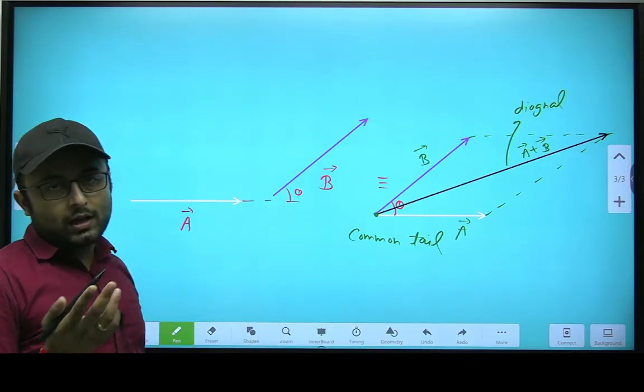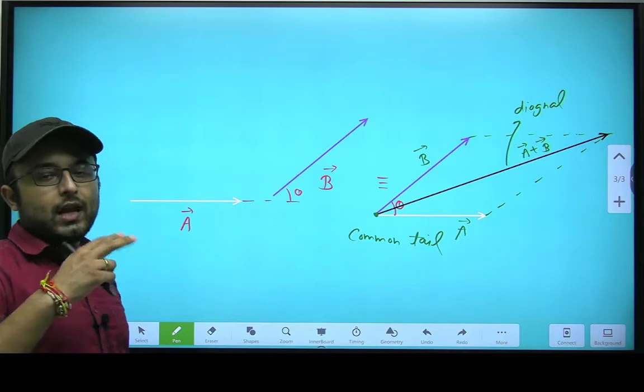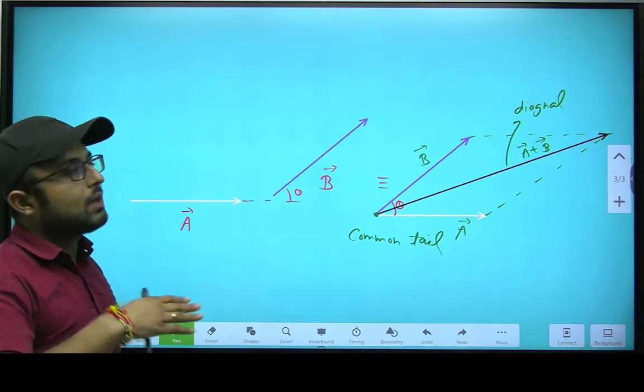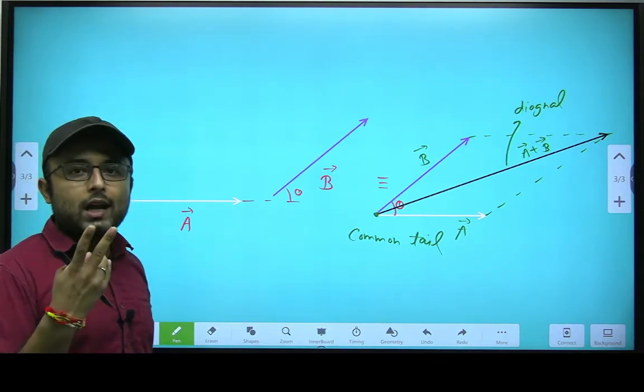And the parallelogram is nothing but a quadrilateral having two diagonals.